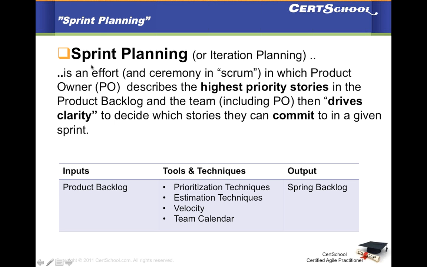So what is it? Sprint planning is an effort in which the product owner describes the highest priority stories in the product backlog, and the team, including the product owner, then drives clarity to decide which stories they can commit to in a given sprint. Okay, so a little lengthy definition here.